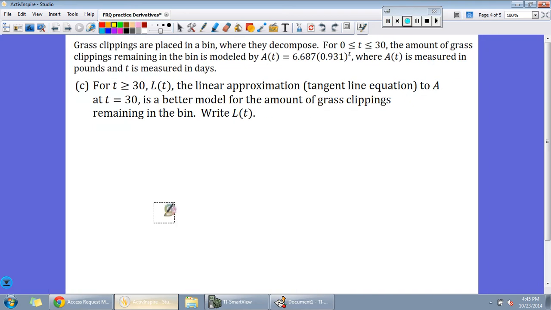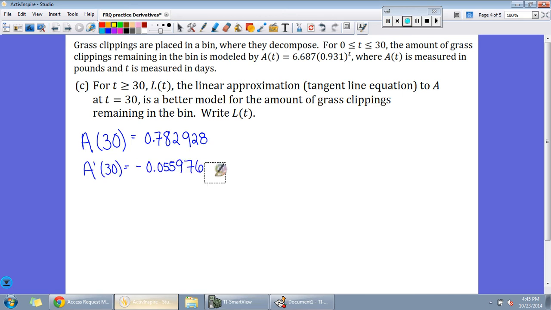For part C, linear approximation is the same thing as the equation of the tangent line. So we want to write an equation of a tangent line of A at t equals 30 and go from there. So we need to have A of 30, the y value, and we need to have A prime of 30. We're going to use that in our equation of the tangent line, and L of t is going to be our linear approximation.